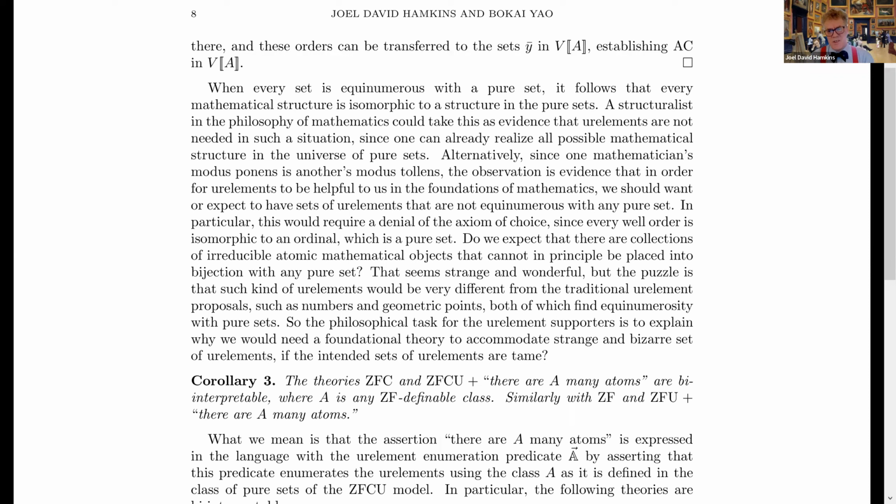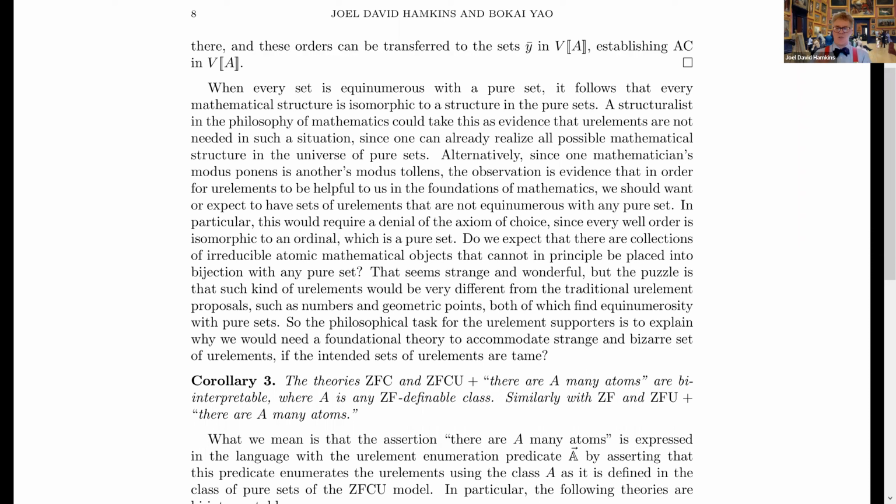But in both of those cases, they are equinumerous with pure sets, because we have the finite ordinals and we have the real numbers as implemented in ZFC and coordinates and so on, and so we can seem to handle both of those kinds of primitive objects without needing the elements.